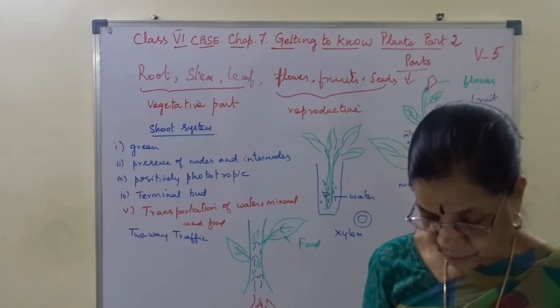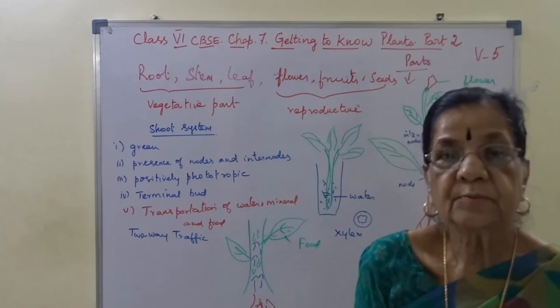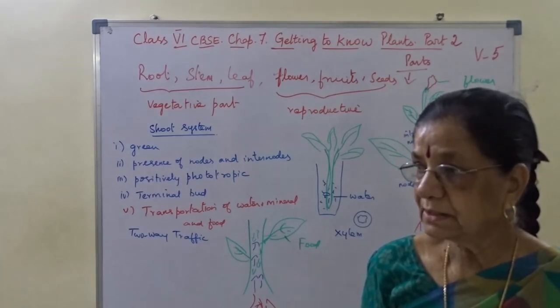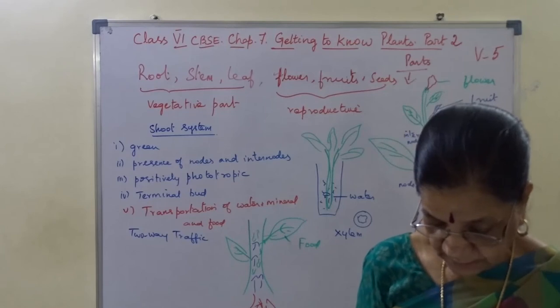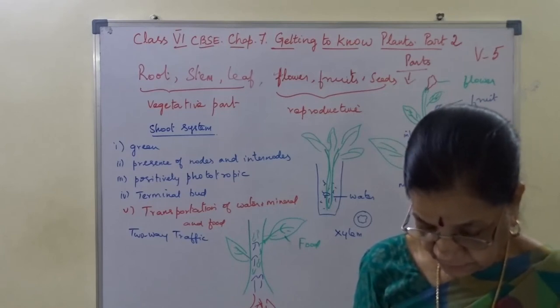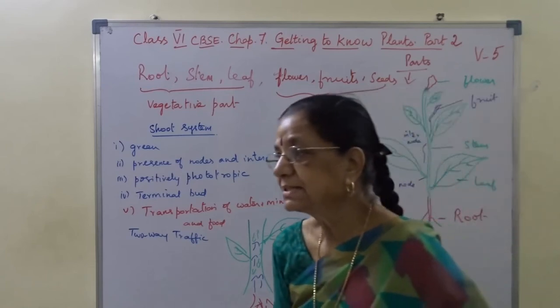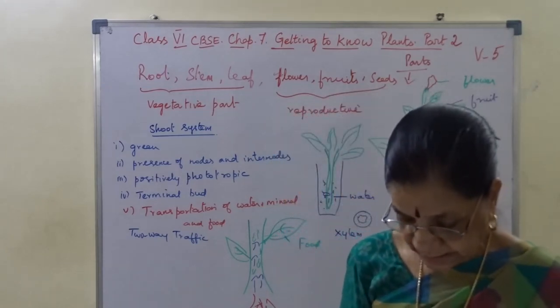Take a glass of water, add blue or red ink solution and make the solution colored, and then cut the base of the stem and put it in the glass tumbler and observe the setup.